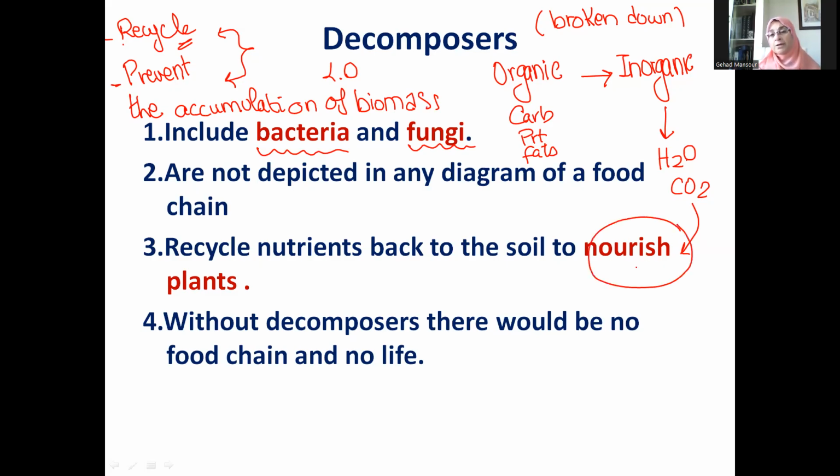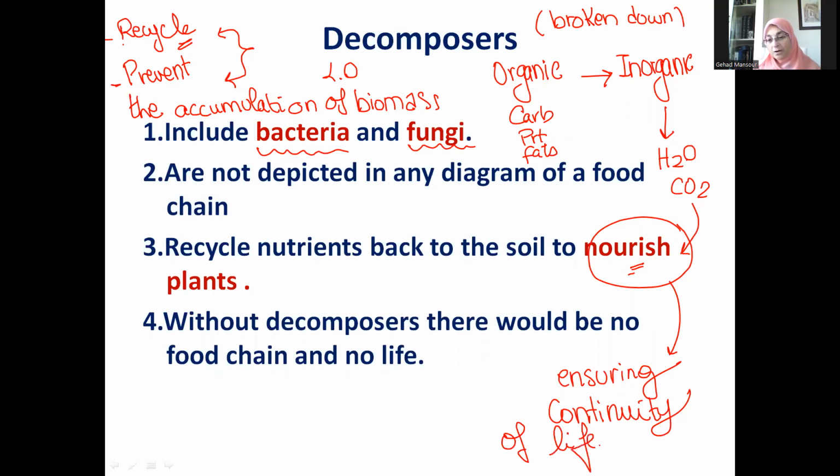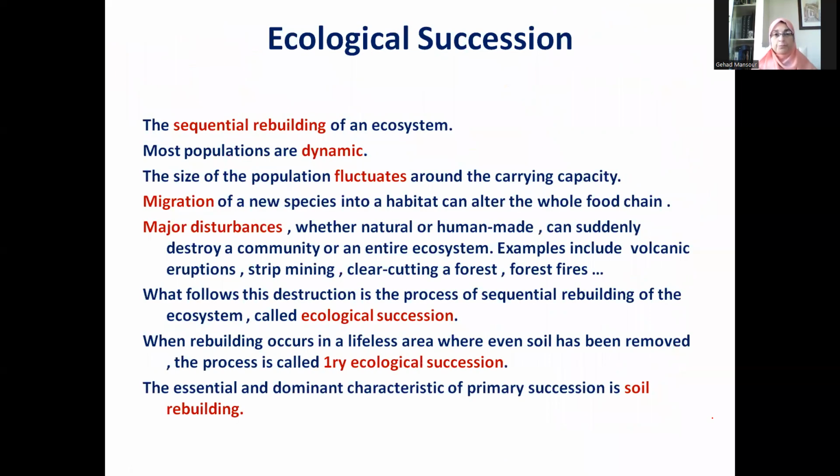We are returning the inorganic material to nourish the plants, and therefore we are ensuring continuity of life on Earth. So recycling is important for continuity. Continuity of what? Of something very important. It is continuity of life forms, or continuity of life on Earth.